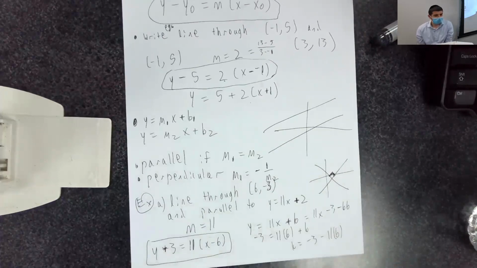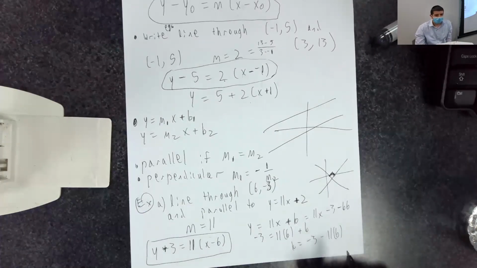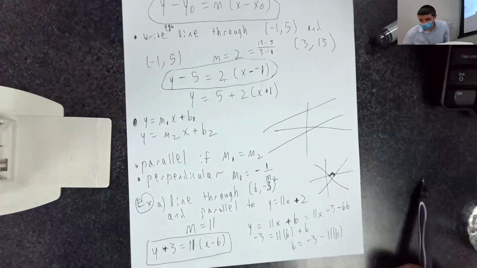So it'll save you time. You could solve for b, but who wants to solve more stuff? You could just write down the answer and not have to solve anything. But if you like mx plus b, if your pre-calc teacher always taught you mx plus b, you can do mx plus b. So that's the point-slope form.